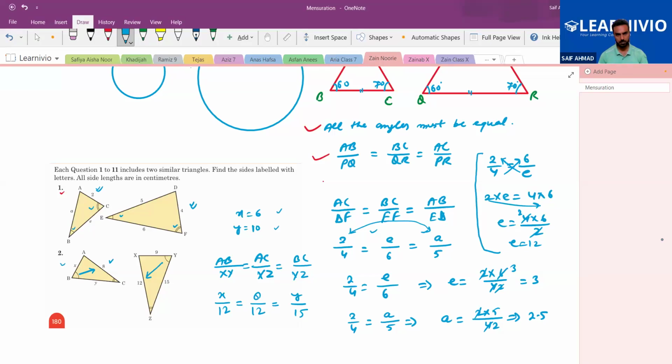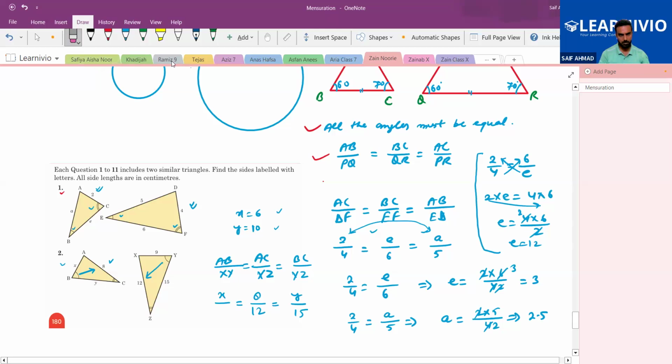The reason I was getting 4.8 was because I was using 15, not 12. So I just had to do 9 into 8 over 12 instead of 9 into 8 over 15, and I got 6.